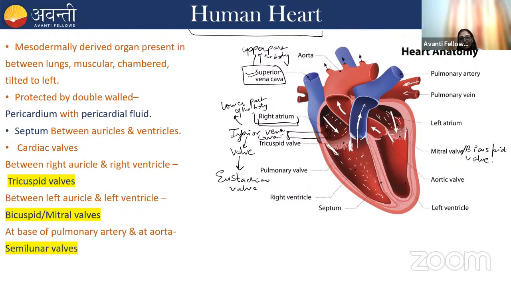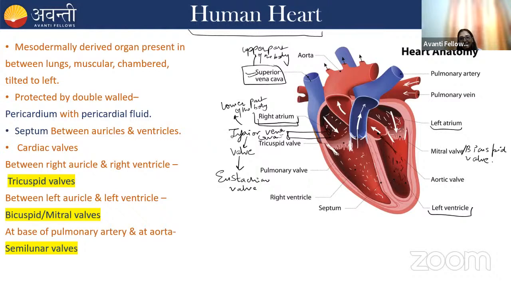Now this oxygenated blood from the left atrium will move into the left ventricle. Now all the oxygenated blood has reached the left ventricle.